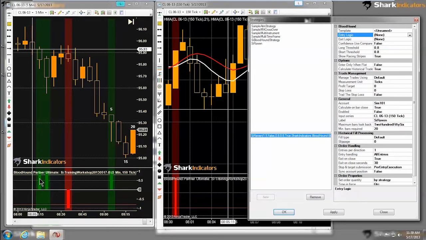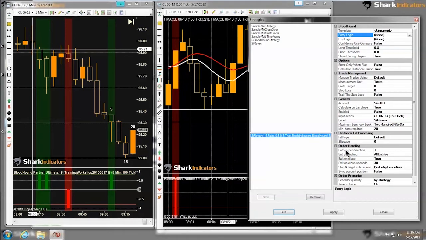Raven is going to put you long on the first one, and depending on how you have your strategy set up, Raven could put you into a second long position, but the default is to not enter the market twice. So Raven would enter the market on the first one, but the default settings are to ignore any long signals afterwards, as long as your position is open. Then Raven will not take any more long trades.